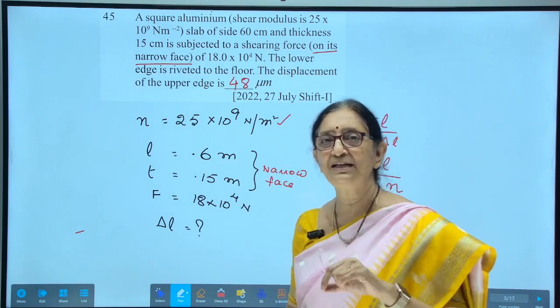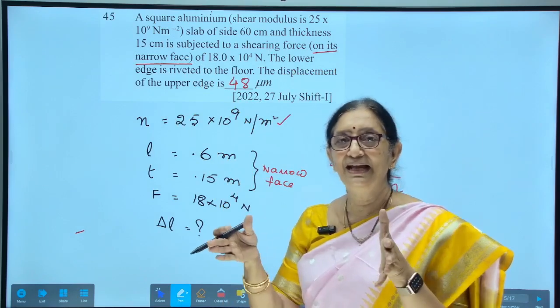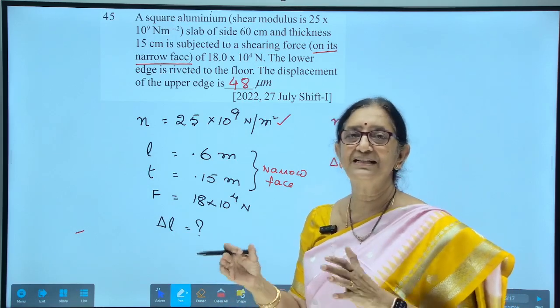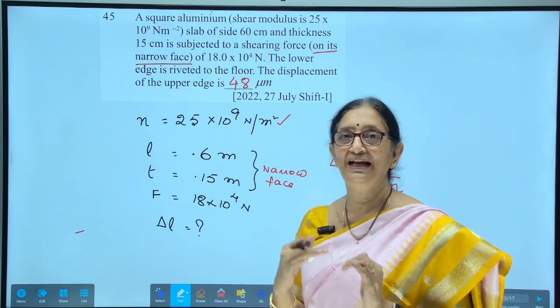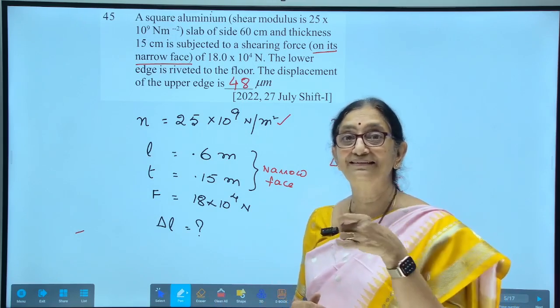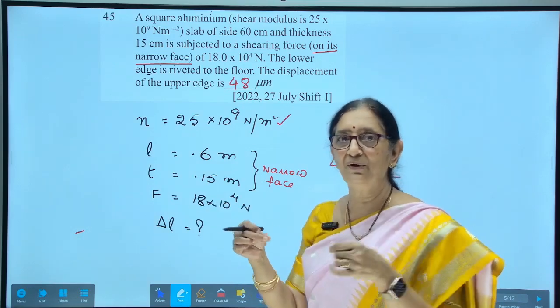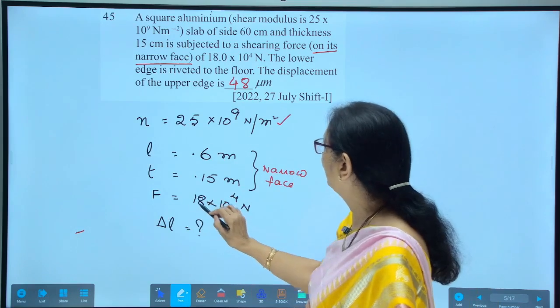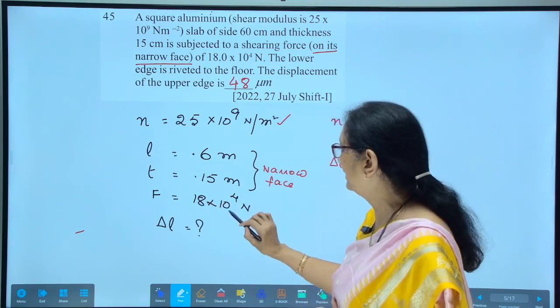If it is mentioned as the square face, then the area of cross section becomes L into L. If it is mentioned as the narrow face, the area of cross section becomes length into thickness, a narrower or smaller area of cross section. So, a shear force is applied on the narrow face.